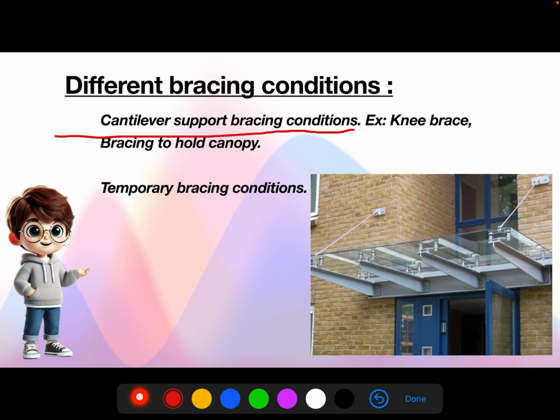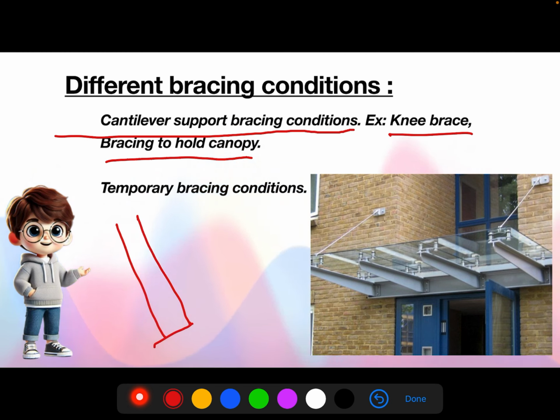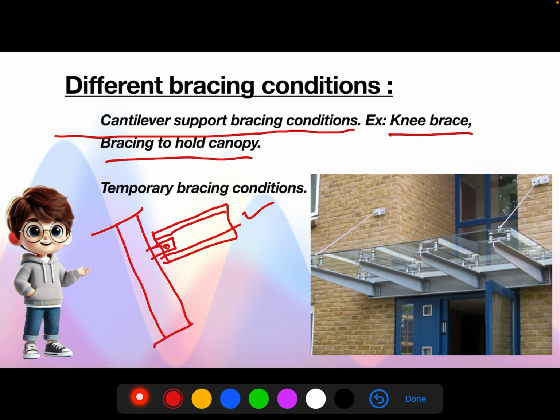Cantilever support bracing conditions. Examples: knee brace, bracing to hold a canopy. Let's see, I can say there is a column here and there is a beam with a normal connection. On this side of the beam there is no connection, meaning that this beam is cantilevered, which means that this should be a moment connection so that it holds the entire length of the beam.